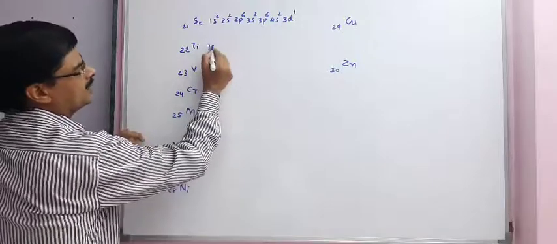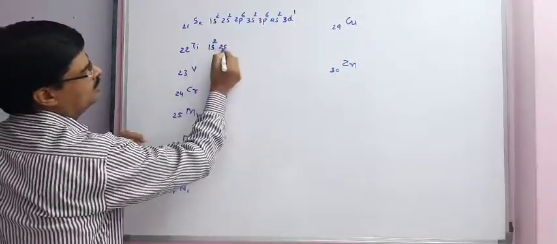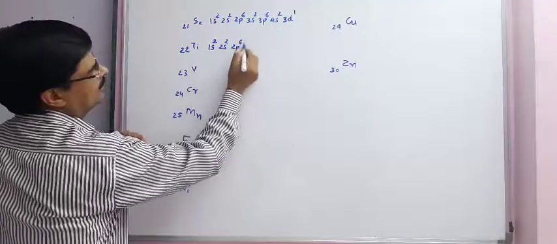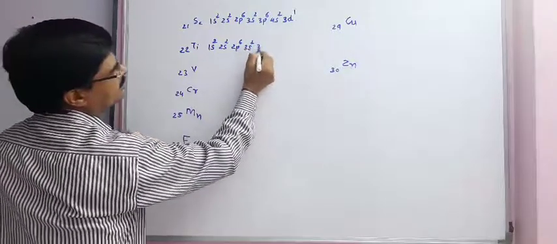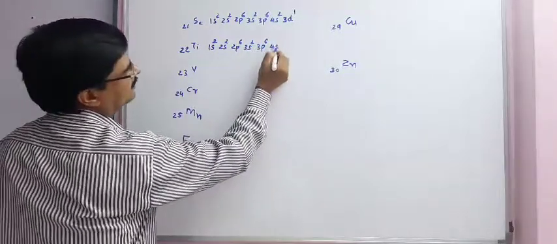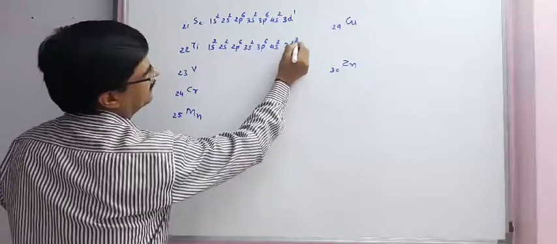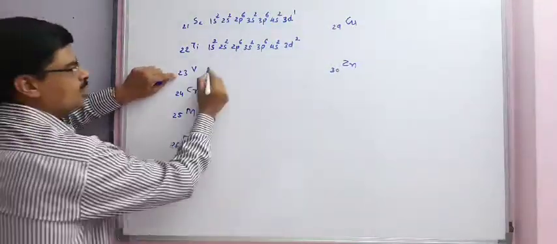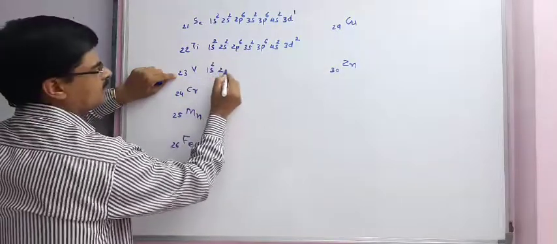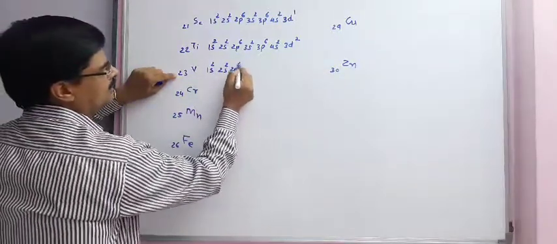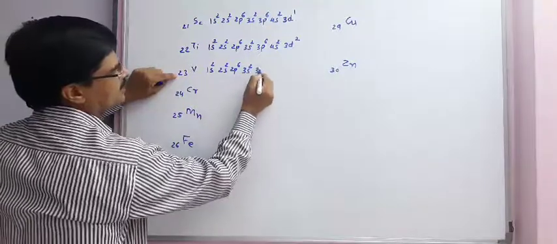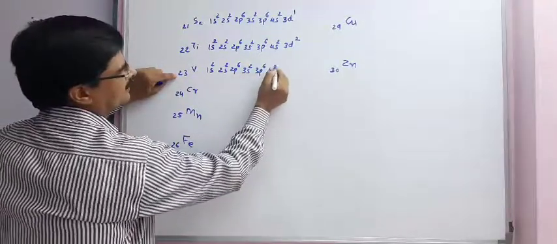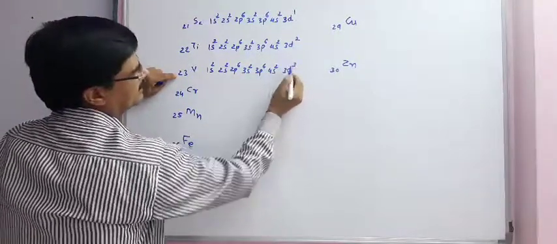Now for titanium, electronic configuration 1s2, 2s2, 2p6, 3s2, 3p6, 4s2 and 3d2. Now for vanadium, electronic configuration 1s2, 2s2, 2p6, 3s2, 3p6, 4s2 and 3d3.